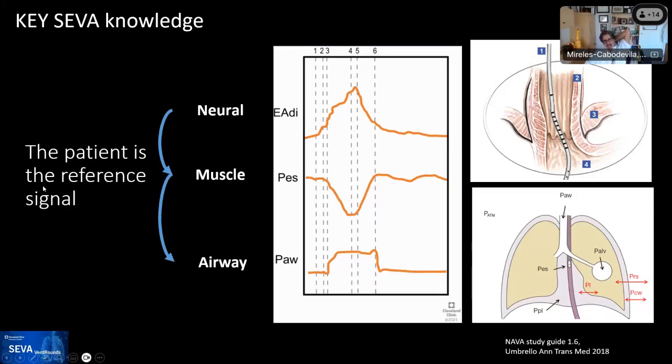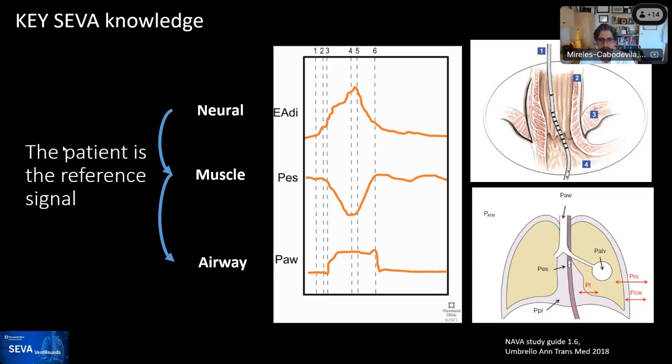So I thought I would start with this one, just to highlight some of the thought processes that we have and that we have to keep in mind. Just recall that whenever we talk about synchrony, the patient is the reference signal. And as the evolution of mechanical ventilation and technology has become more available, although many of these have been available for decades, it now has become more present in our ICUs for utilization.